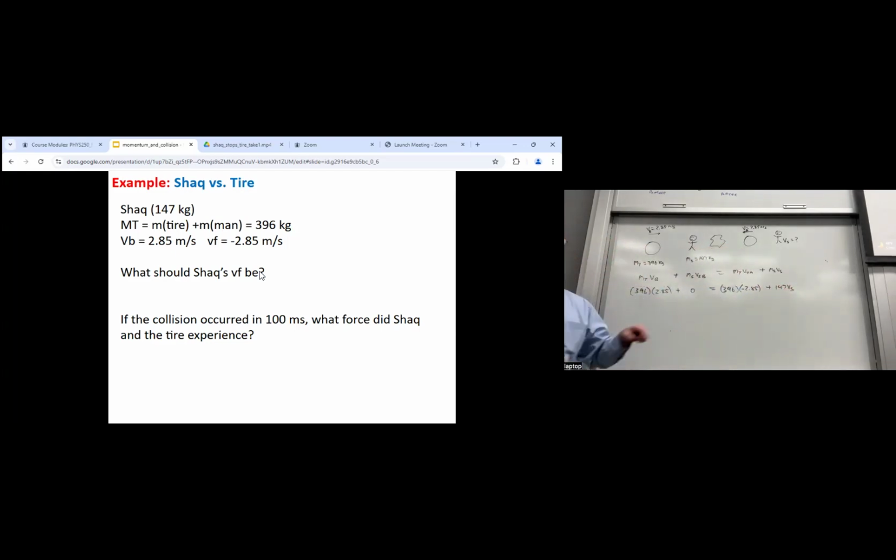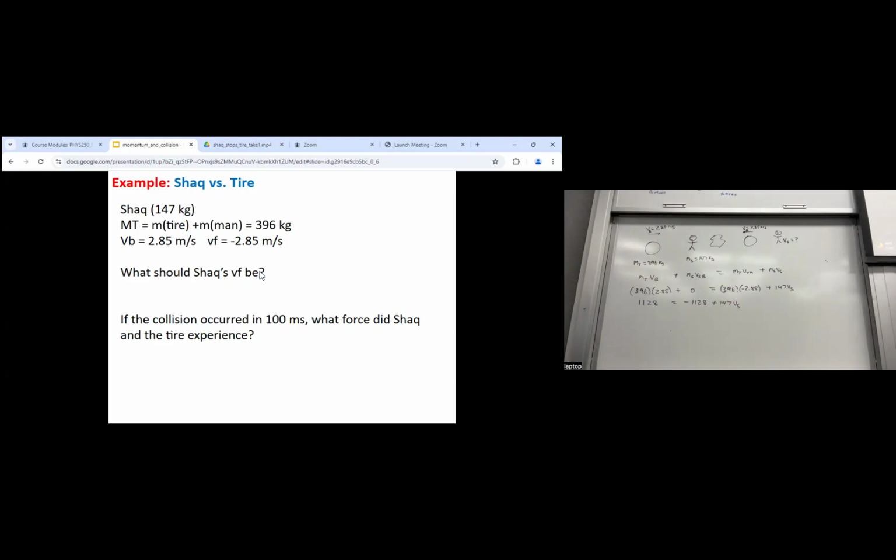What's 396 times 2.85? 1,128.6. That's fine. And this is then equal to minus 1,128.6 plus 147 velocity Shaq.